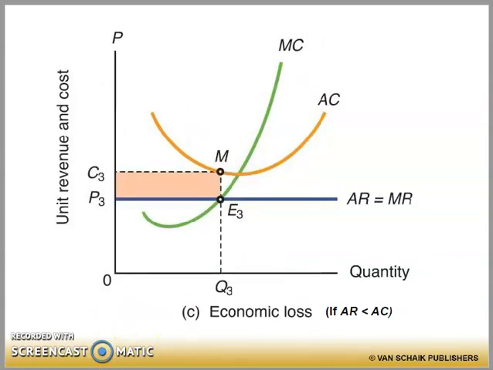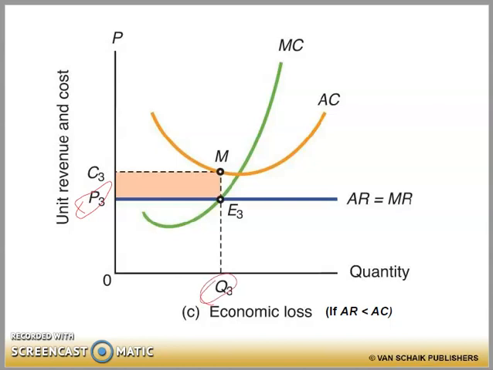The last curve we'll look at represents the economic loss. In this figure, the market price is represented by P3. Marginal revenue, or price, is equal to the marginal cost at quantity Q3.